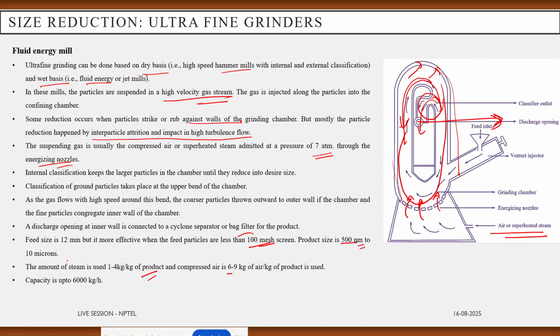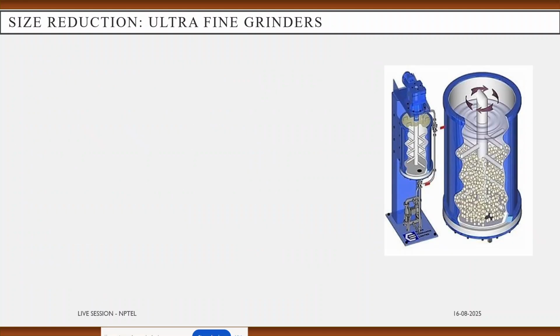The capacity of the fluid energy mill is around 6000 kg per hour. I hope this picture and the description are clear to all of you.